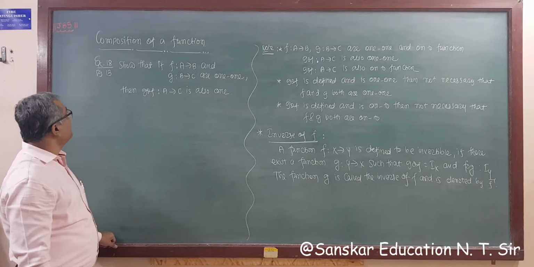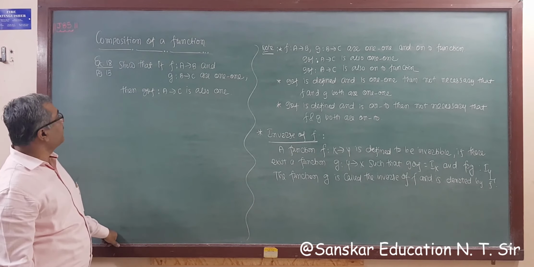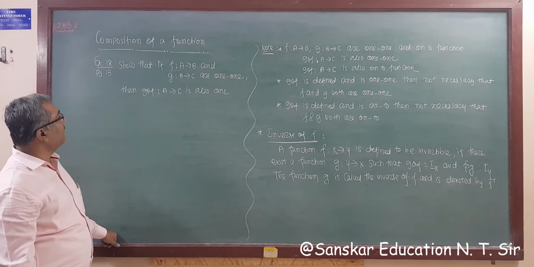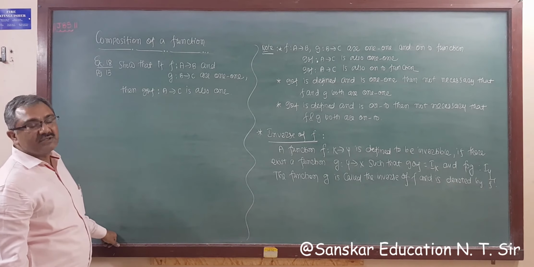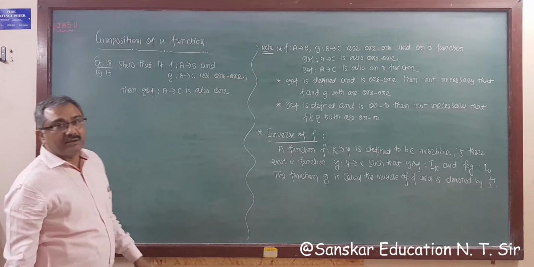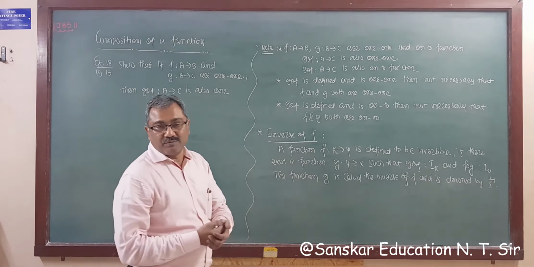Okay. Another question is example number 18, page 13. If f from A to B and g from B to C are one-one, then g over f from A to C is also one-one. So you have to remember this thing as a note for MCQ. This is a nice MCQ question.